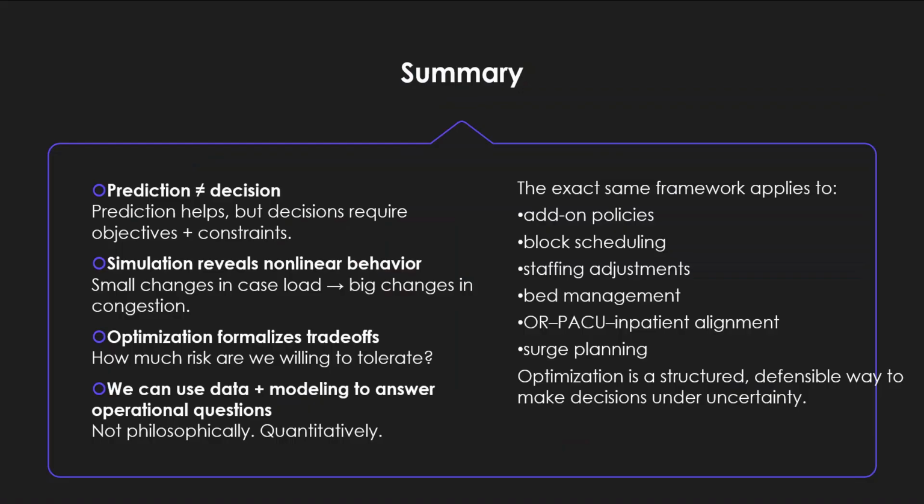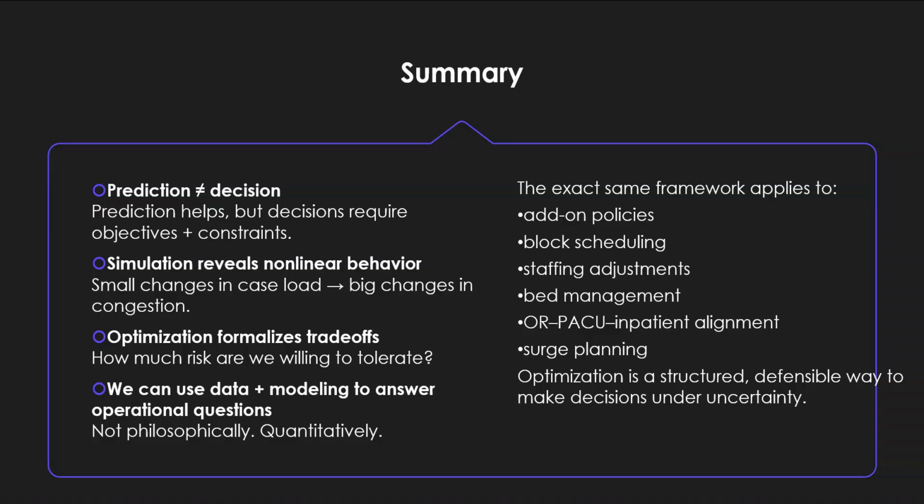So in summary to this whole topic, predictions don't just naturally mean you can make a decision. We move on through other types of modeling like simulation modeling to reveal some of the behaviors within our system. And when necessary, we can use optimization to formalize the trade-offs that we might have to make within a decision.